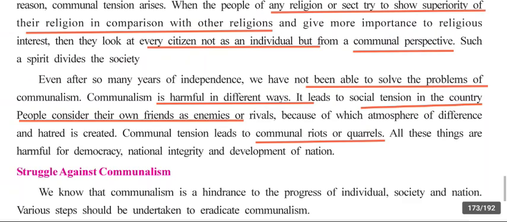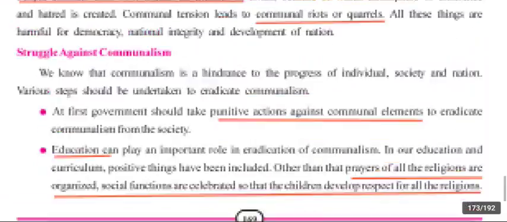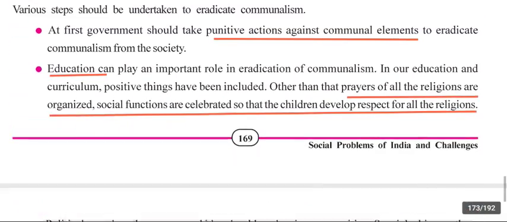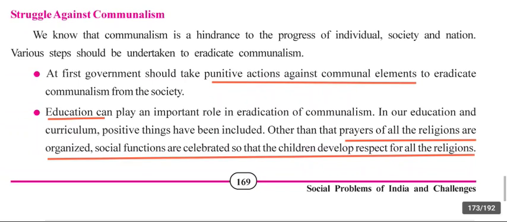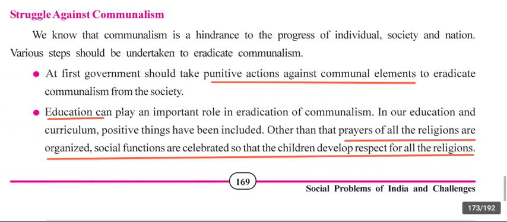So, what can we do for eradicating this communal perspective or communal thoughts or this communalism? First of all, government should take actions against communal elements to eradicate communalism from the society. That is, government should start by taking action against people who try to spread these communal elements.